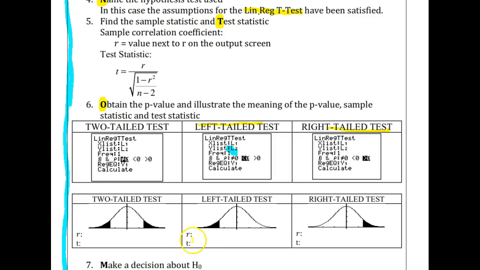So our axis is going to get labeled with r and t. Again, the claim is that rho is equal to 0 in the null hypothesis above, so we would expect an r value near 0, and t is always centered at 0, so all of these graphs have zeros at their center.